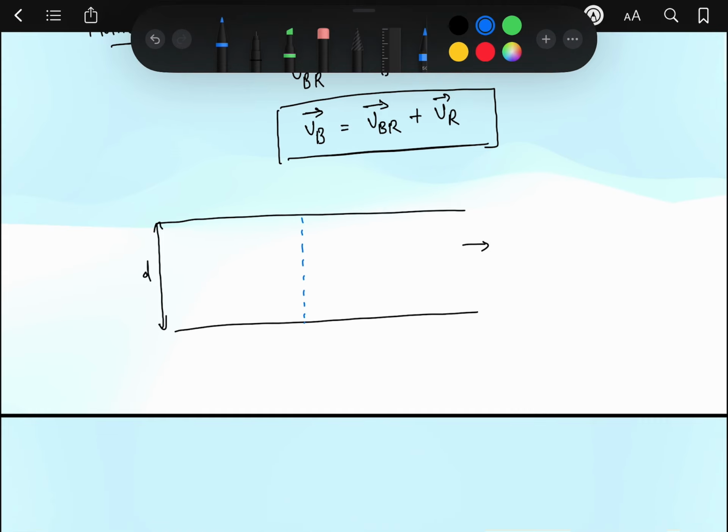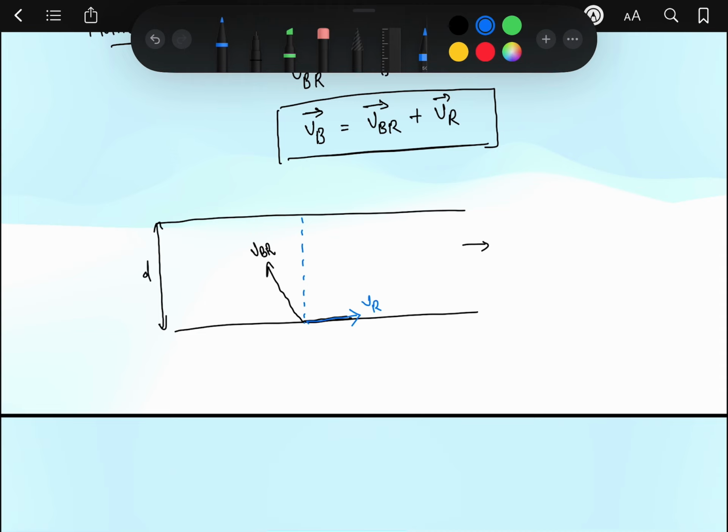Let us suppose this is the direction of velocity of boat with respect to river, and this is the direction of velocity of flow of the river, that is velocity of river with respect to ground.